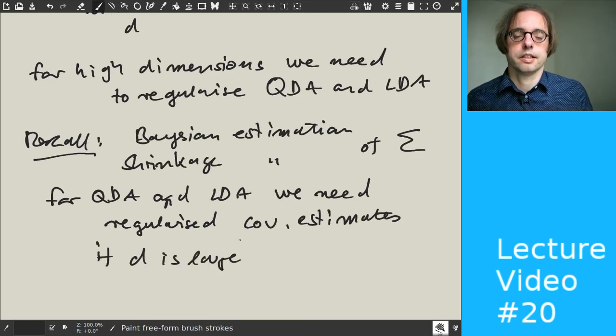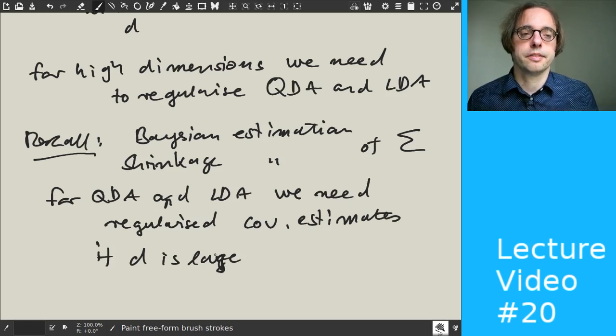And large typically means that we have, even if the sample size is still larger than D, but often it actually can happen that D is larger than N.